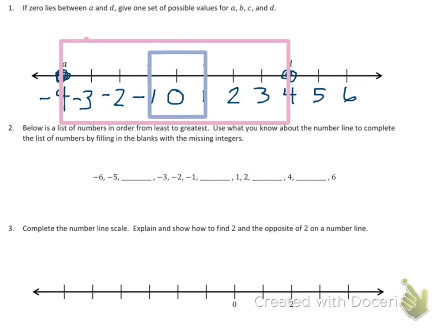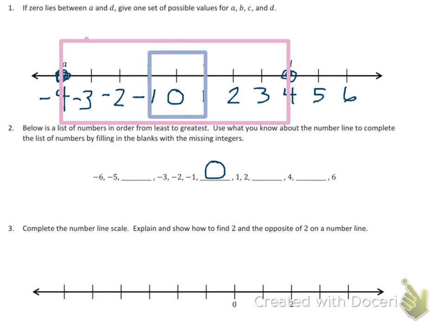Number 2, below is a list of numbers in order from least to greatest. Use what you know about the number line to complete the list of numbers by filling in the blanks with the missing integers. I know that right away the number that's just bigger than -1 and just smaller than +1, that's 0. So let me put a 0 in there.